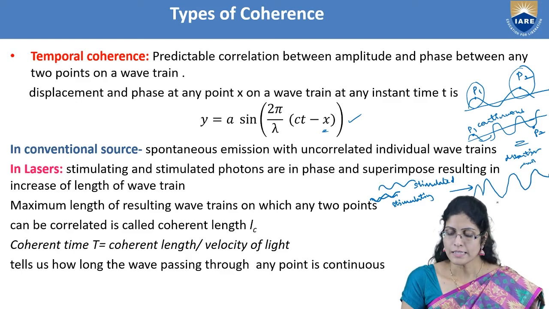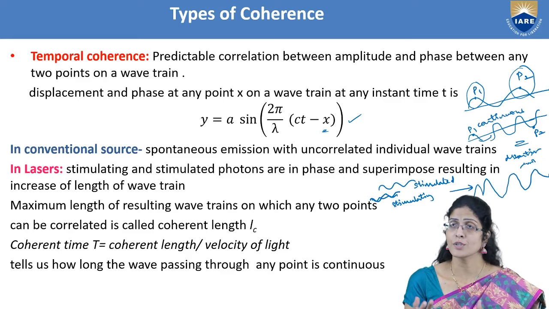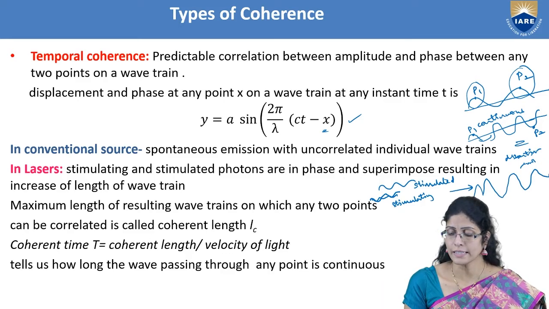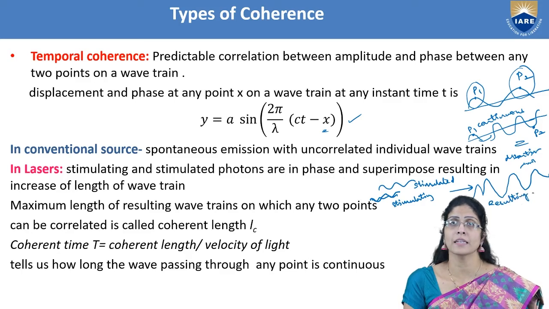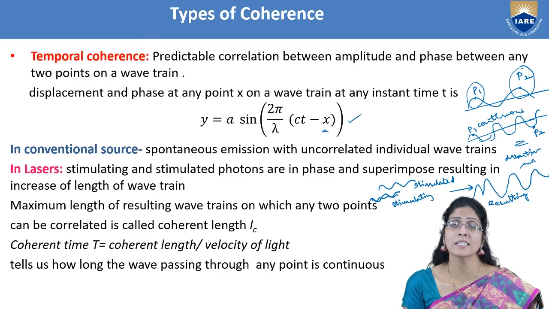So there is an amplification in both the amplitude and the length of the resulting wave train. This is the resulting wave train. This happens in laser because it has this property called temporal coherence, and it is because these are continuous waves. You see them to be continuous.